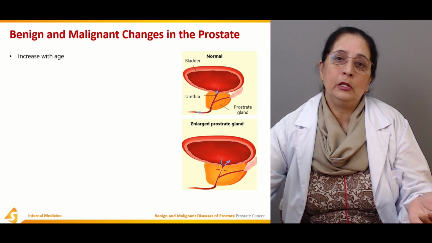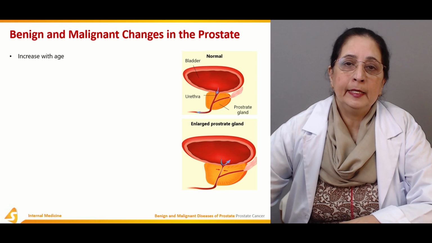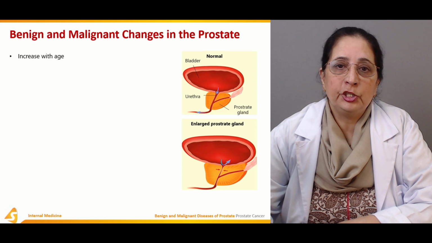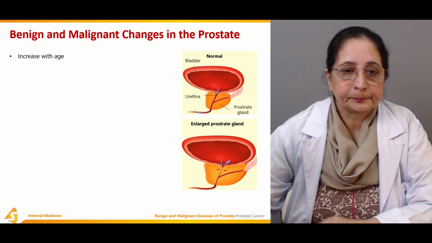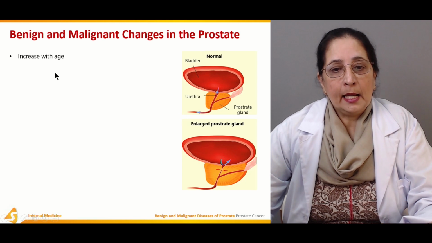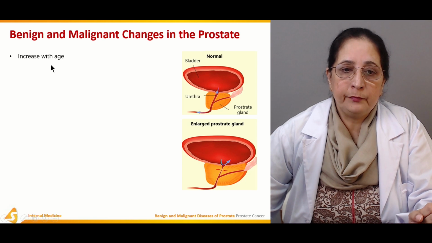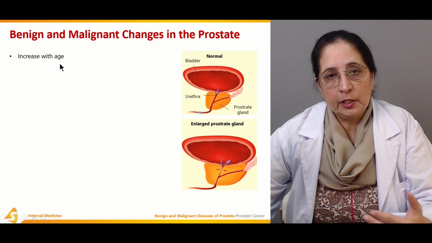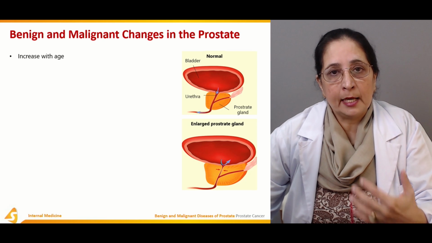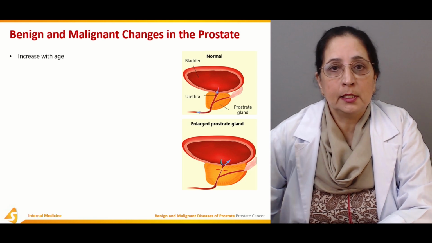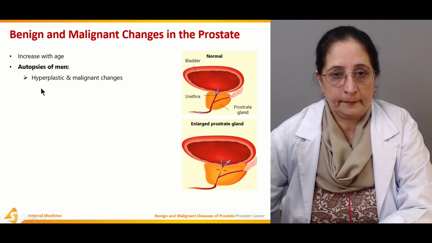All those changes can occur with the enlargement or other changes in the prostate gland. These benign and malignant changes in the prostate increase with age. As the age increases, the chances of developing prostate disease increase.